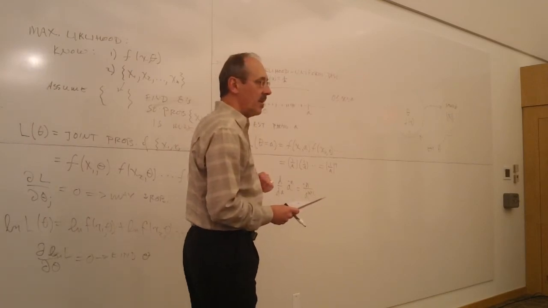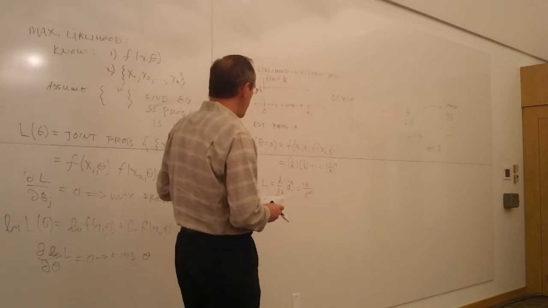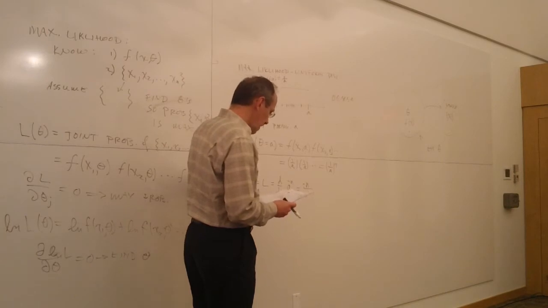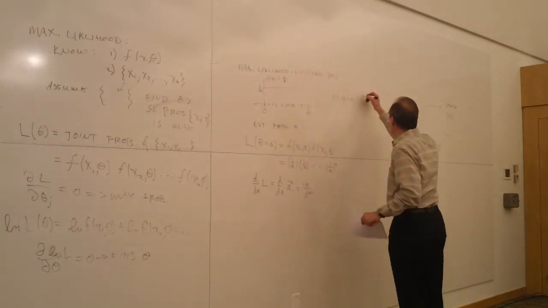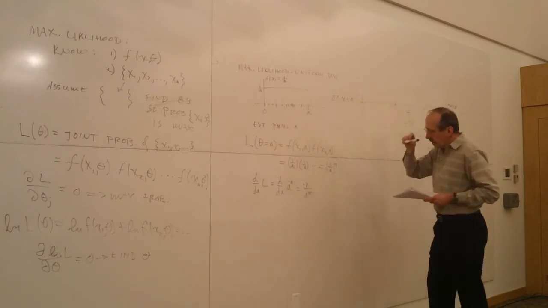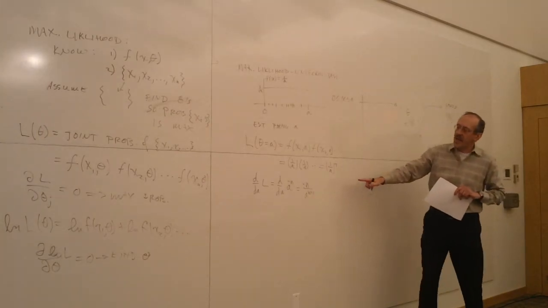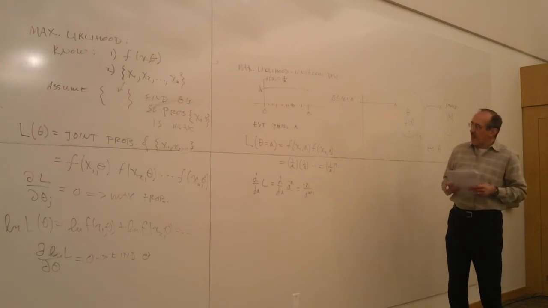There's a problem here. For a lot of continuous functions, sure, I can take the derivative and set it equal to 0. What does this function look like? Well, let's draw a plot. So here's a, and 1 over a to some power looks like a hyperbola.